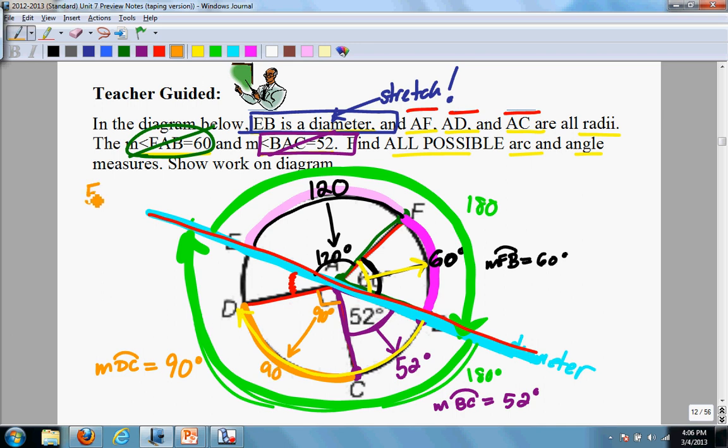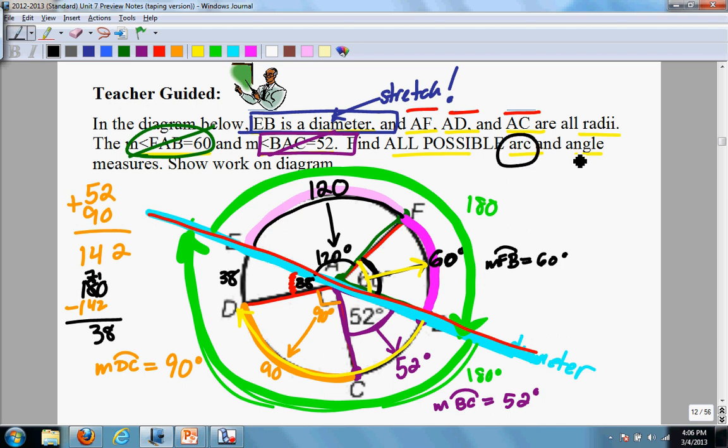Let's add that in the margin. 52 plus 90 is 142. 180 minus 142, of course, is 38. That means this is 38, and that's 38. And now we have found every single arc and every single angle in this diagram.